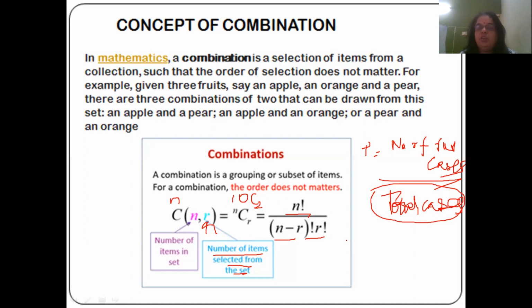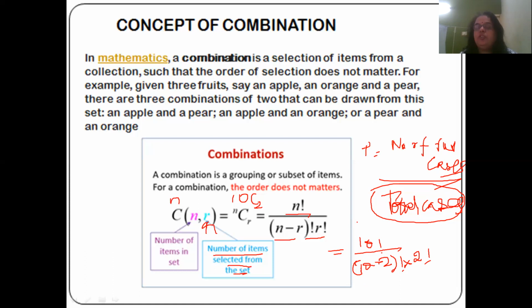That case A we are going to solve now. So it is equivalent to 10 factorial divided by (10 minus 2) factorial into 2 factorial. Okay, so how to solve this problem?